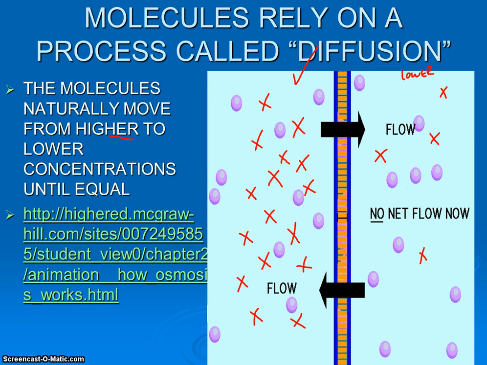So naturally, these molecules are crammed in, they're crowded. They are moving, and they'll collide off of one another. When they hit, they'll bounce off the cell membrane and off of one another, and that will allow them to move across, as long as they can pass through the membrane, if they can fit. And they will move from higher to lower until they even out.